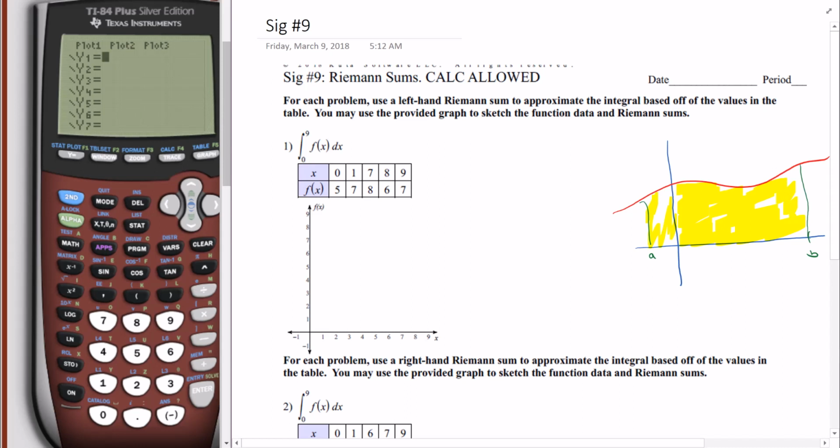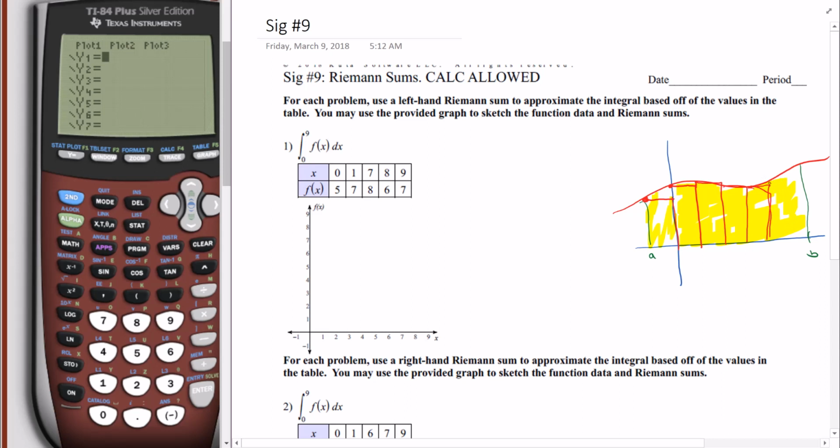And so one way we did that was we said, well, let's approximate the area using rectangles. So let's draw a bunch of rectangles, maybe like this. And everywhere one rectangle leaves off, you just draw another one like this.